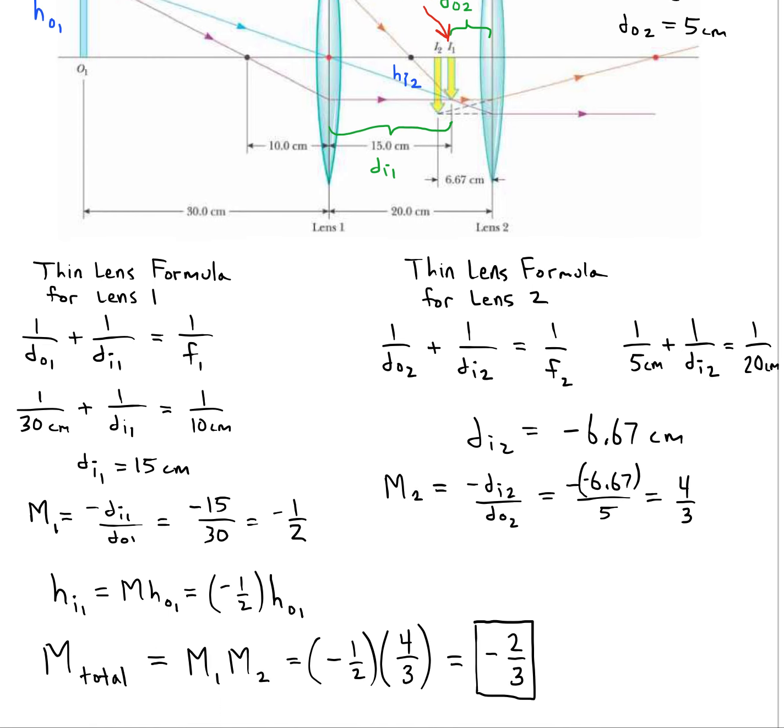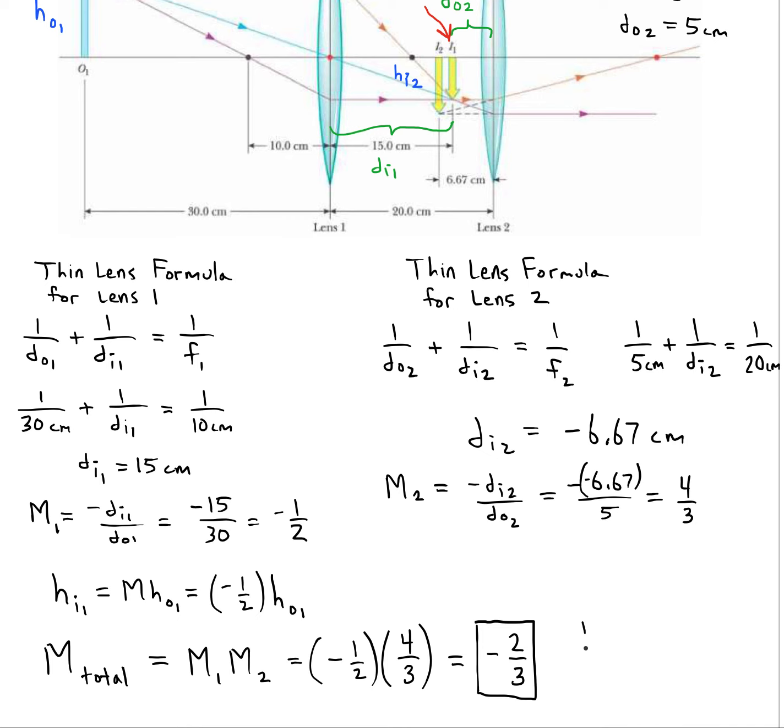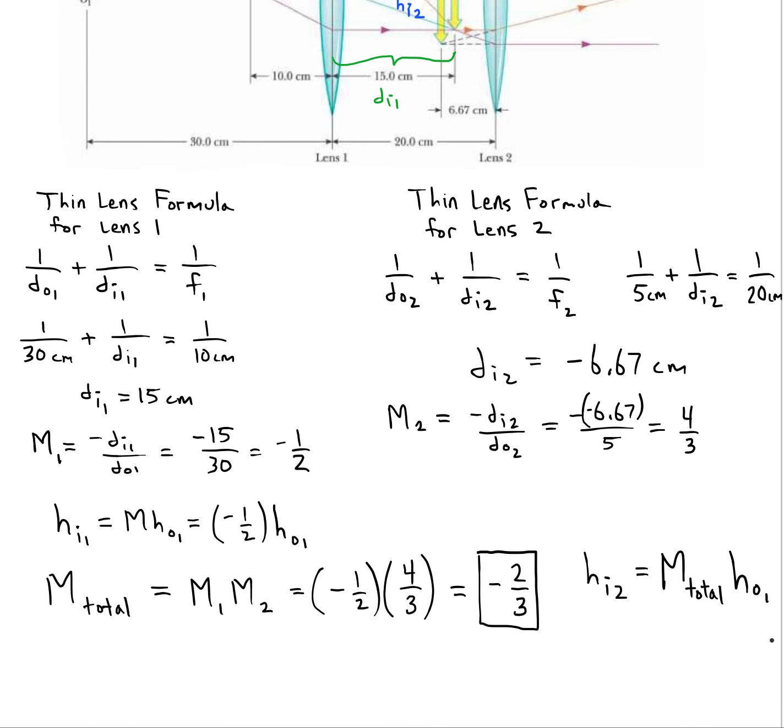We'll say HI2 will equal the total magnification times HO1. We don't have a height for our object, so we can't plug that in, but we can just plug in the negative 2/3 here. And that tells the relationship between the image height and object height.